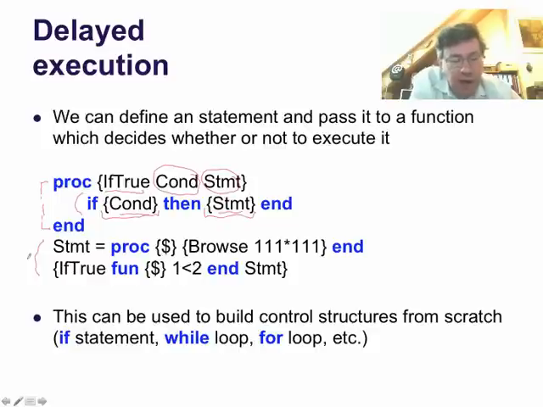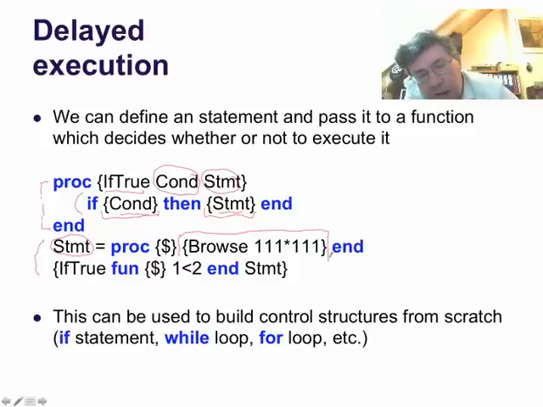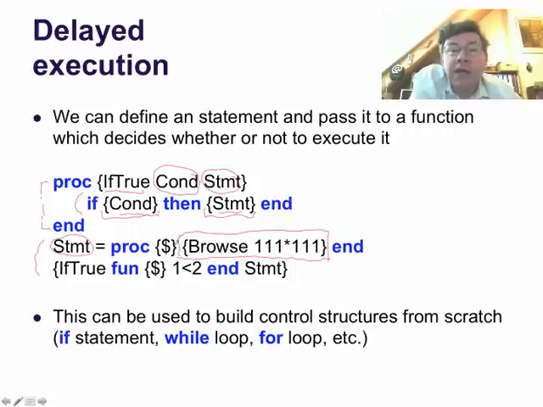Notice how interesting I can call it. Statement is a zero-argument procedure. In this zero-argument procedure, I can put any statement I want, anything I want to execute. It will not be executed when I declare statement, but it will be executed possibly inside the IfTrue.